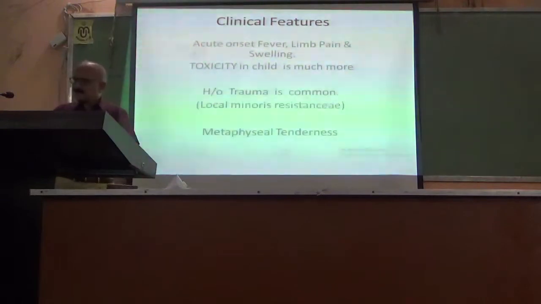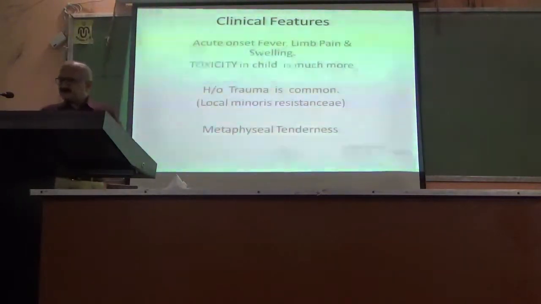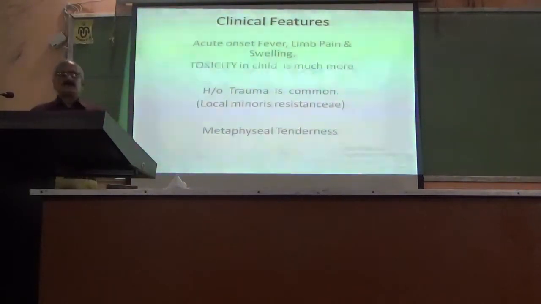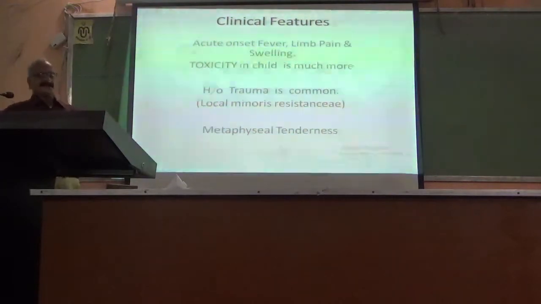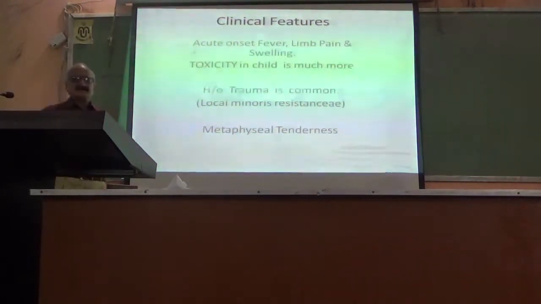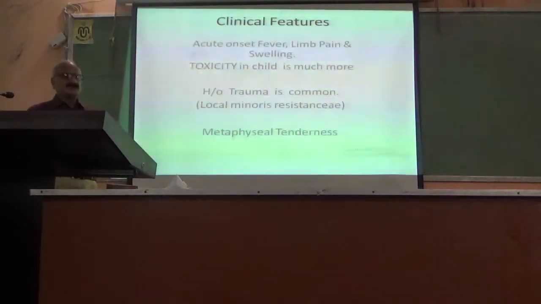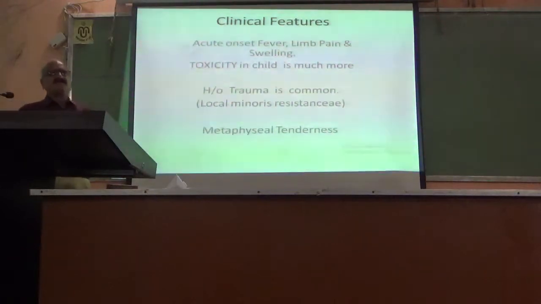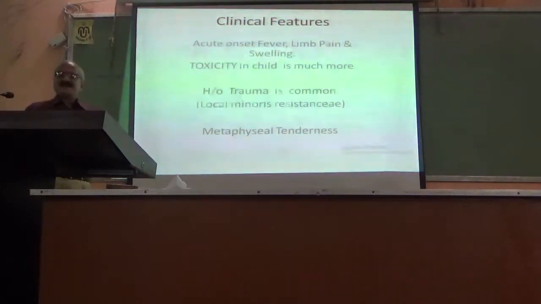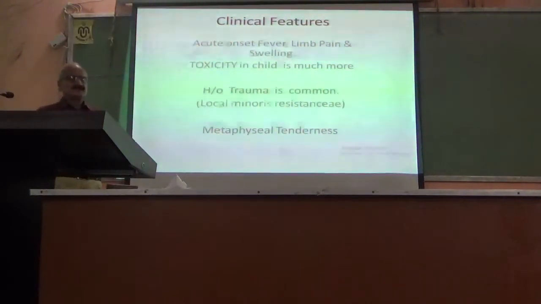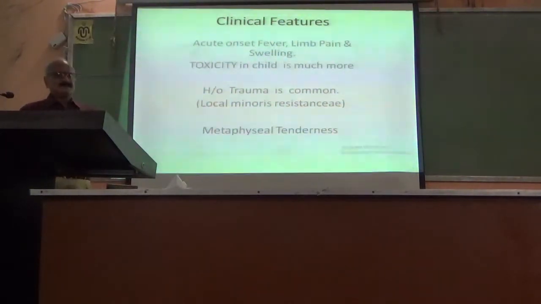Clinical features: acute onset fever with limb pain and swelling, that is the hallmark of acute osteomyelitis. As the term implies, it's an acute one, it comes as a bolt from the blue. The patient, usually a child, was very well and playful in the daytime, and maybe just suddenly he starts complaining of pain.